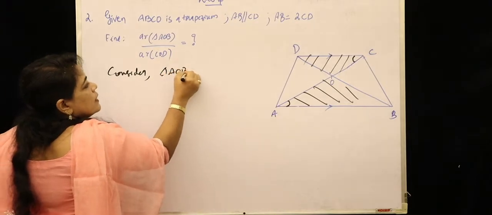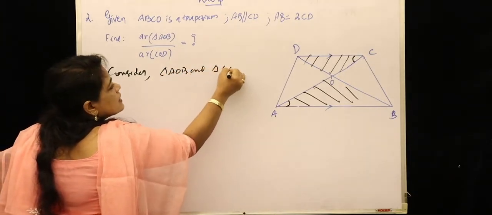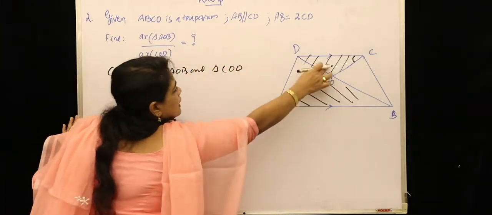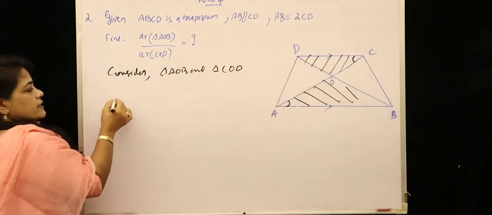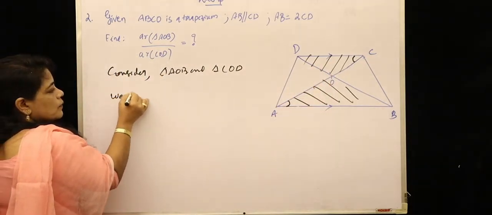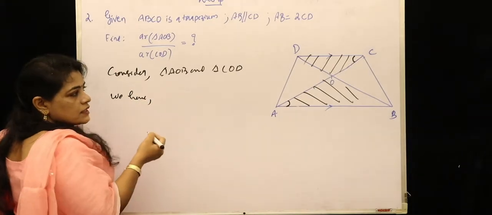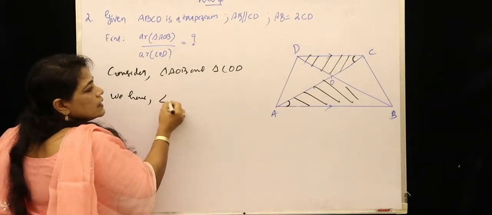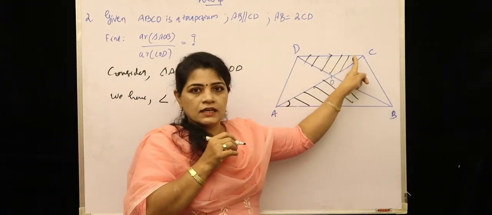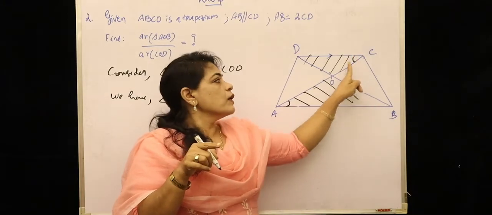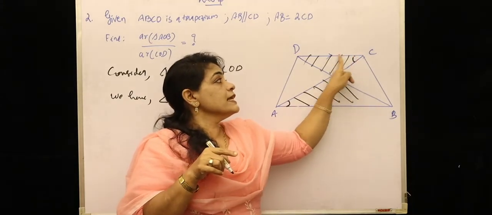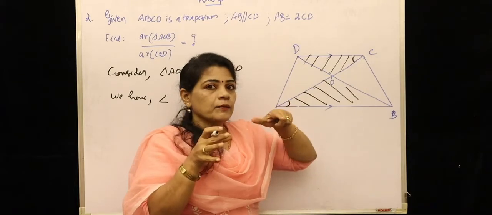So for that I am going to consider triangle AOB and triangle COD, these two triangles. What is the first result we got? Angle in terms of C in triangle COD, that means OCD, C should come in the middle position.